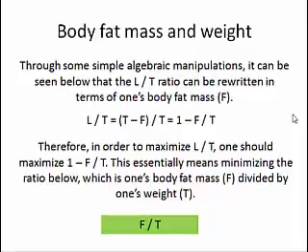There is nothing controversial about this statement. What may surprise the audience is that we're arguing that minimization of the ratio is important, instead of saying that we should minimize body fat mass.